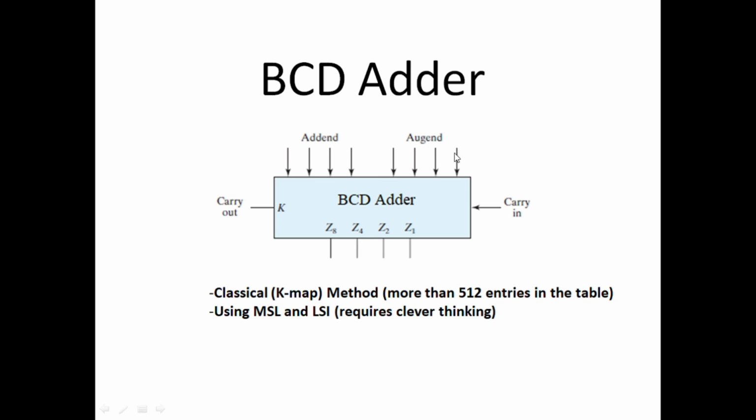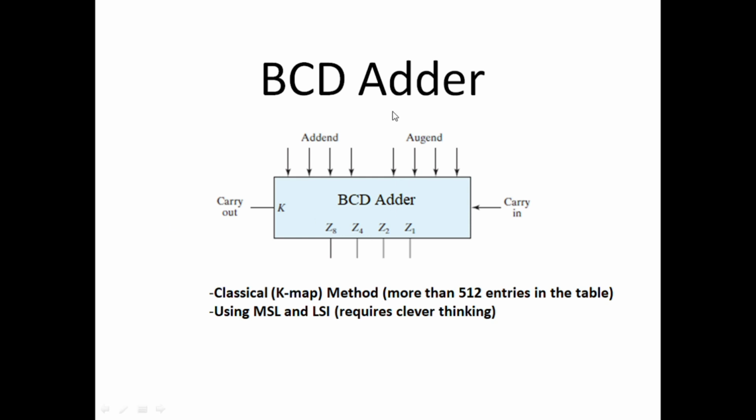And there is an initial carry, which is the carry in. This BCD adder takes this input carry, the 4-bit first number, and the 4-bit second number, which makes 9 inputs, and it results in a 4-bit sum and an output carry. So our final BCD adder should look like this.